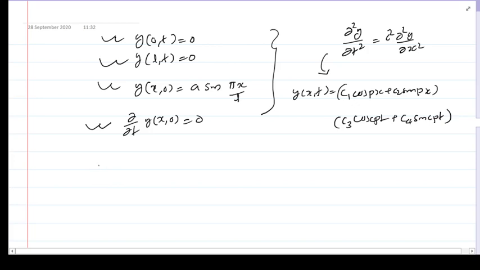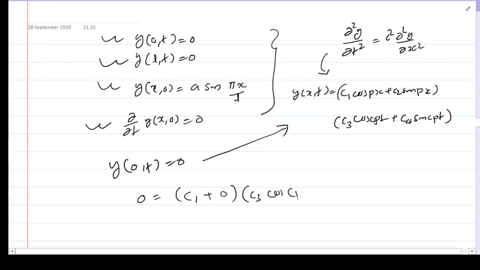So we first input the condition y of 0,t equal to 0 in this equation. What we get is 0 equal to, instead of x we put 0, that means c1 plus c2 into 0, into c3 cos cpt plus c4 sin cpt.